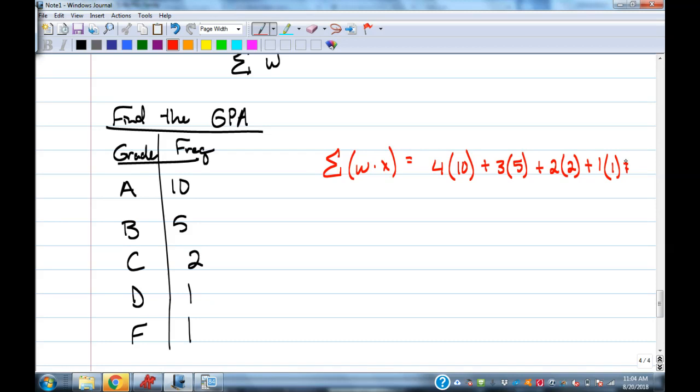How many points is an F worth? 0. We had 19 scores. 4 times 10 is 40, 15, and 4 and 5, so 60.